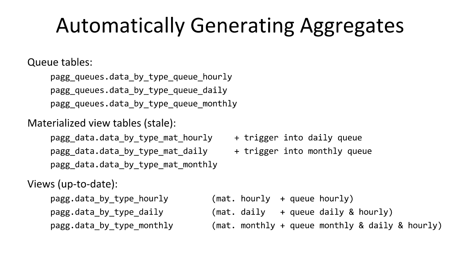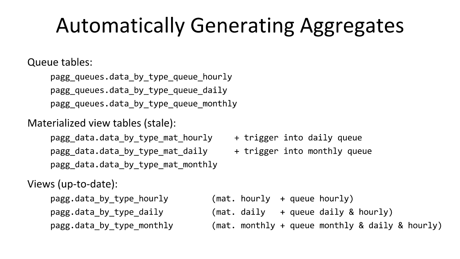Then it also created the materialized views, each in different schemas, one for the hourly, one for the daily, and one for the monthly. On the hourly materialized table, we have a trigger that inserts something into the daily queue. On the daily materialized table, we have something that inserts into the monthly queue. If we had a yearly overview, it would do the same for the monthly view.